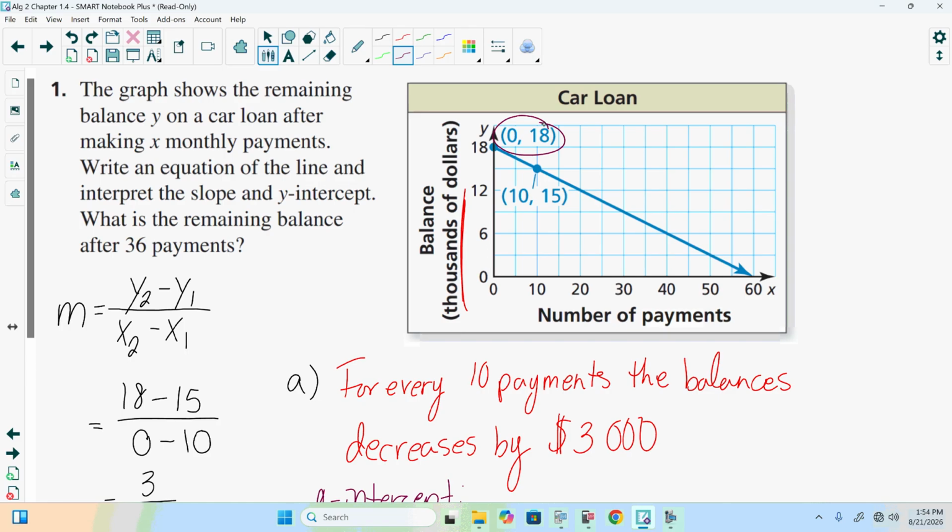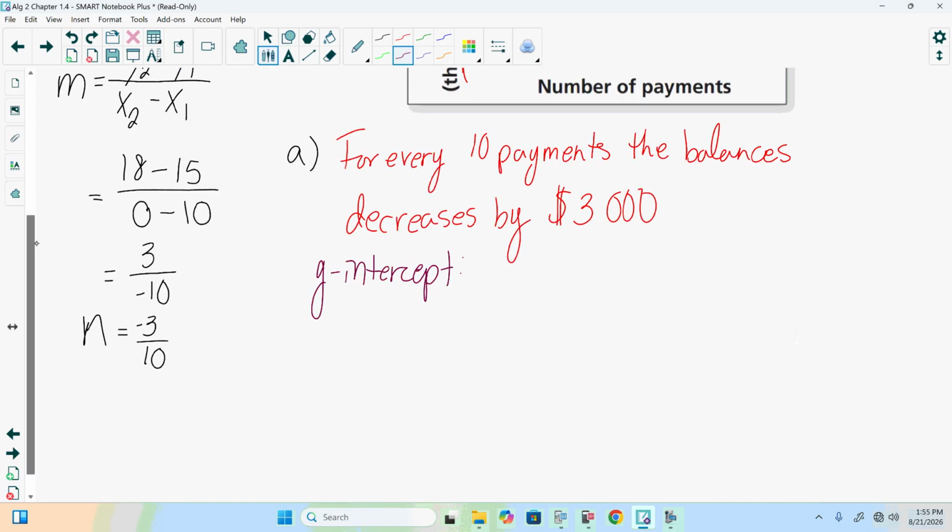Well, how many payments have we made at that point? 0. So really, what is it telling us? It started out at 18,000. After 0 payments, the balance is 18,000. Or we can say that the starting amount, the beginning balance, is $18,000.